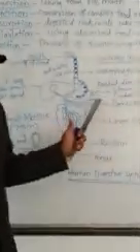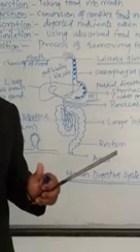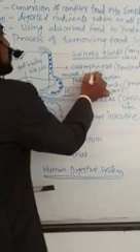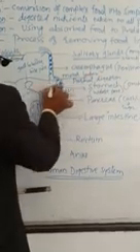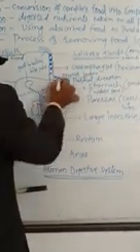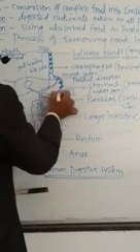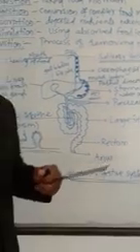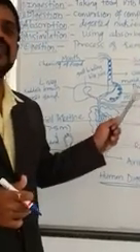When HCl is produced in our stomach, at the same time mucus is also produced. The mucus layer is produced around the stomach wall, and this mucus layer is actually protecting our stomach cells or stomach wall from the HCl.